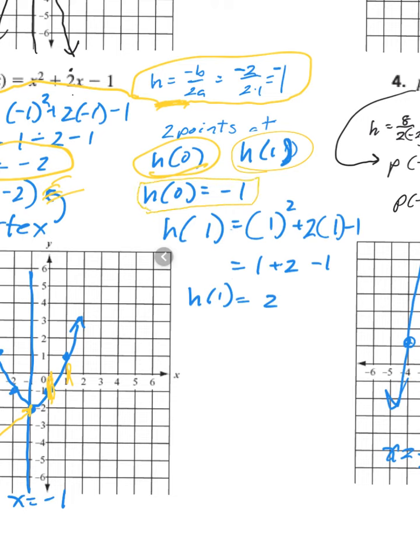I find h of 1, and h of 1 becomes 2. And finally, a graph that fits. So here are our 2 points: 1, 2, and 0, negative 1. So these are the 3 points that we need: the vertex, 1, 2, and 0, negative 1, and the axis of symmetry lets us find the other 2 points, here and here. And then we just fill in the dots.